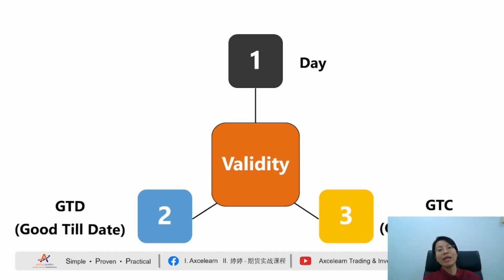So I repeat, one of the common circumstances where you must use a GTD or GTC order is your stop order. Another part, if you do not have a position, please try to avoid using a GTD or GTC order, because once it gets traded, you don't even know. It's very dangerous.